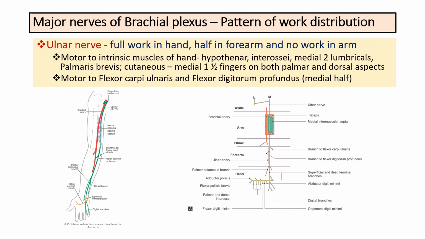So to remember the work distribution of ulnar nerve, it is doing full work in hand, half in forearm, and no work in arm, which you can understand by following the course of the nerve and the pattern of distribution. More in the hand, half in the forearm, and nil in the arm. It's about the ulnar nerve.